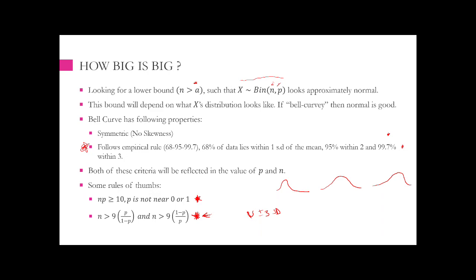Because you know what your mean is, that's just np, and you know what your standard deviation is, you can calculate this particular range. And if that range falls within all of the values that you can get, then you've got a good approximation.